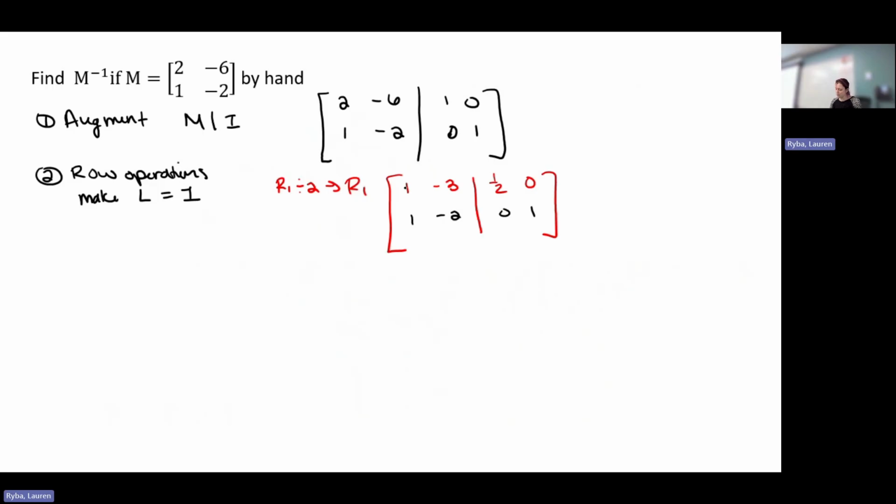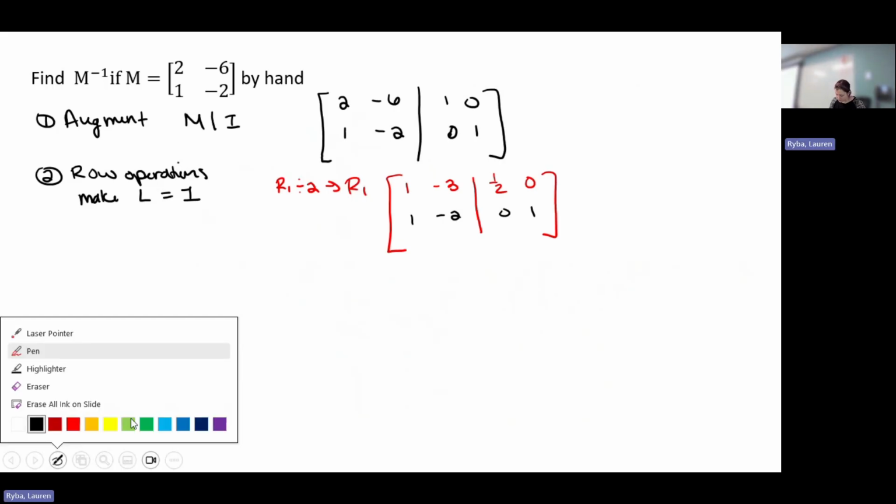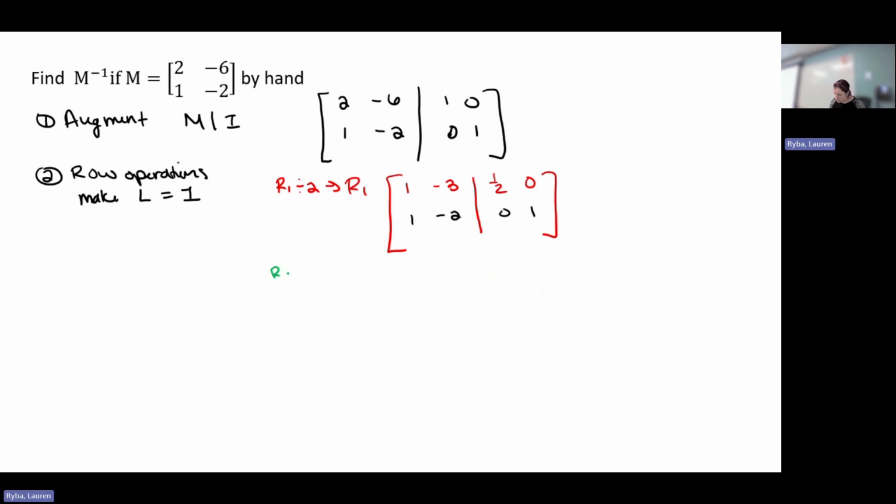Okay, once you get a 1, your goal is to get the 0 below it. Well, I have 1 and 1. So all I actually need to do is subtract these 2 rows. It's already set up. So I can take row 1 minus row 2.